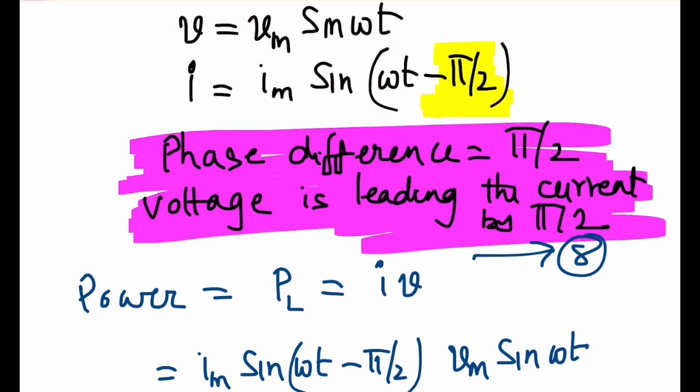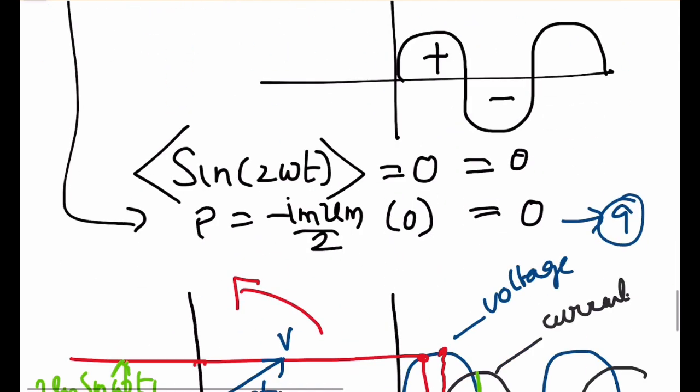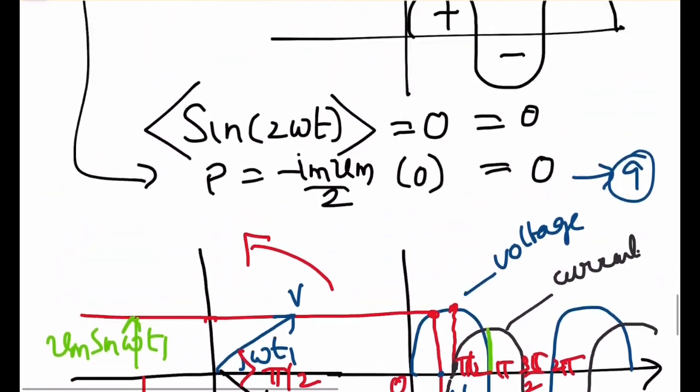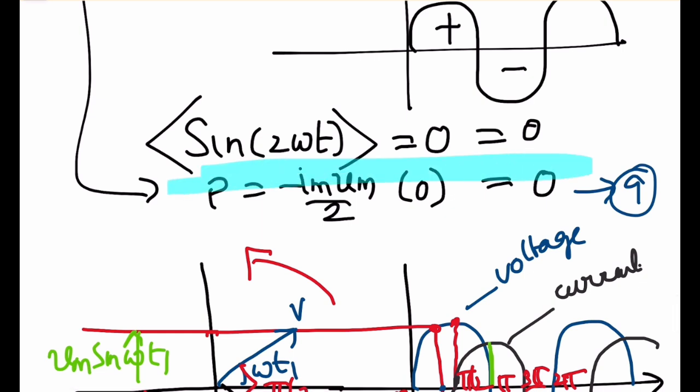And the last one is power. Here you got power equal to 0. So all 5 points are over, and all three figures are also over.